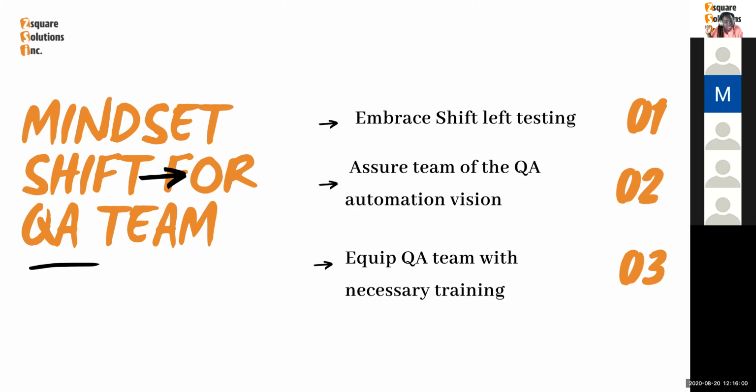Everybody in your team will not be at the same level of training. So you as the leader have to go meet them where they are as far as their level of understanding of a new tool or even accepting of using a new AI-based tool. So training is super important, because there's nothing like finding a tool that does all these great things, all the bells and whistles, but you are not training your folks. So equip your QA team with necessary training.